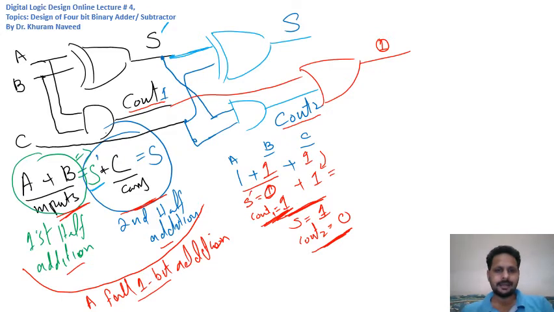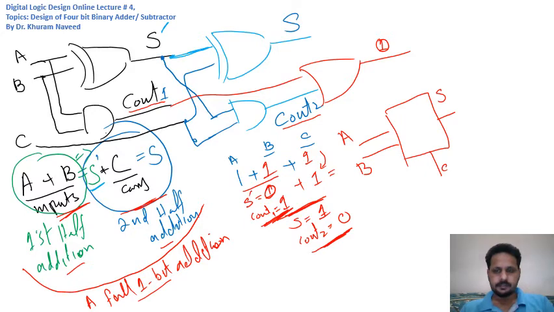by combining two half adders, right? So if I make a block diagram, suppose this is a half adder and it has two inputs A, B, it gives an output sum and a carry C out.